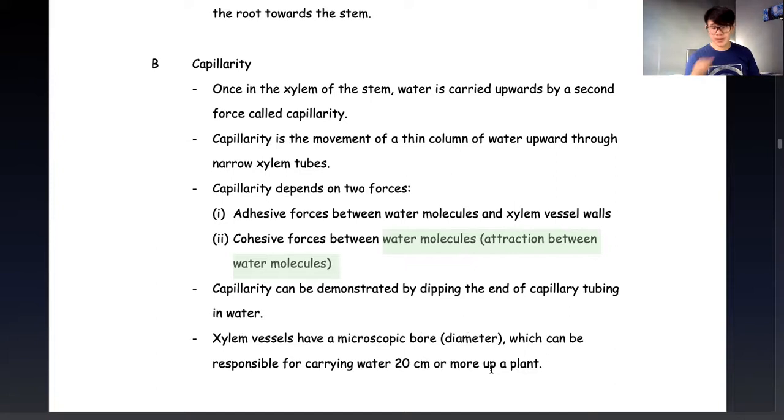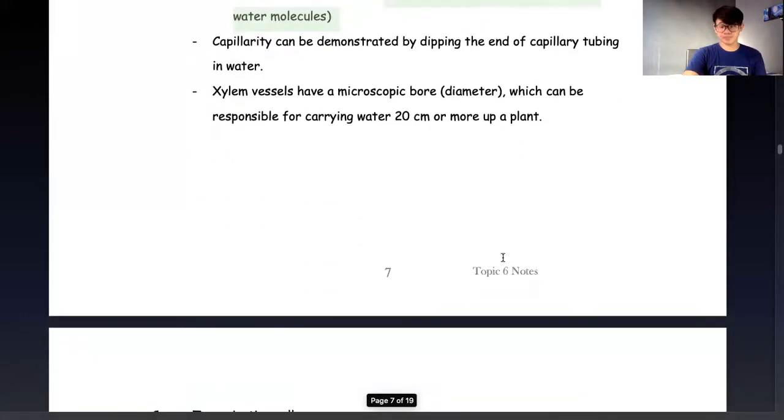That is quite a lot for a herbaceous plant, like grass, which is no more than a meter or 50 centimeters. So capillarity might be a big factor in the movement of water.